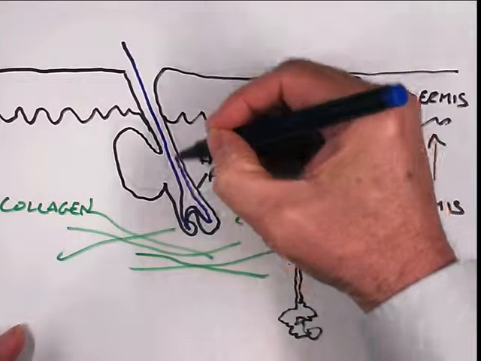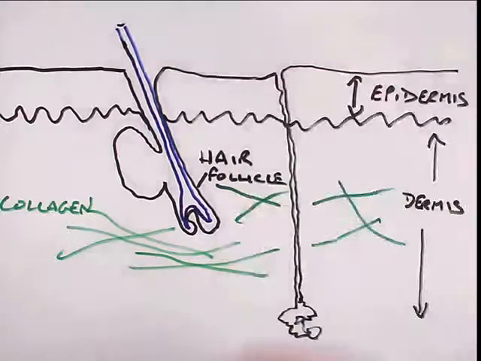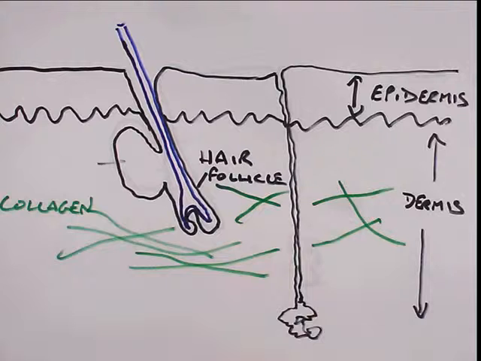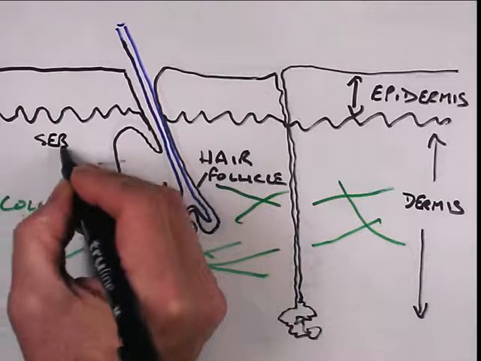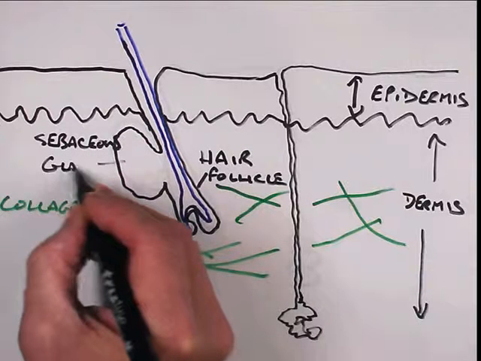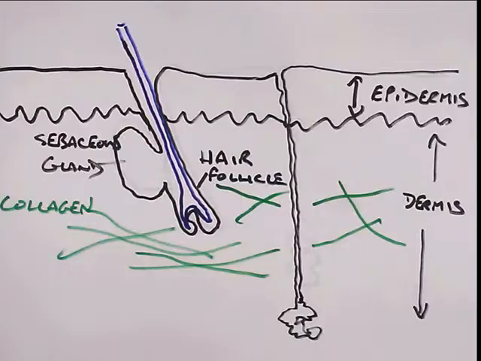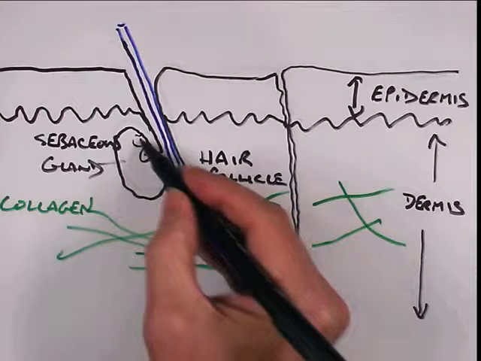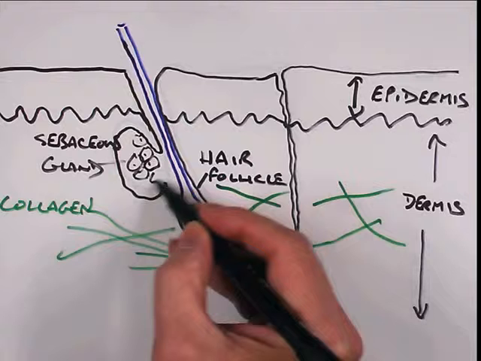So there is a hair follicle, and associated with the hair follicle, on the side of the hair follicle, is the sebaceous gland. And the sebaceous gland produces sebum, and it is infection of the sebaceous glands that leads to acne. And we'll talk about that. So this gland has lots of large cells in it. Like I say, we'll do the details of all of these things later on.